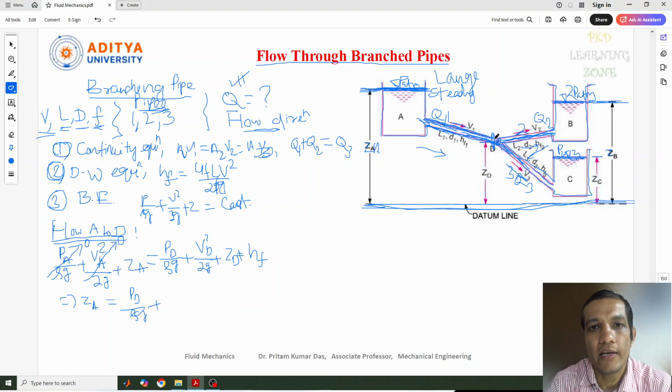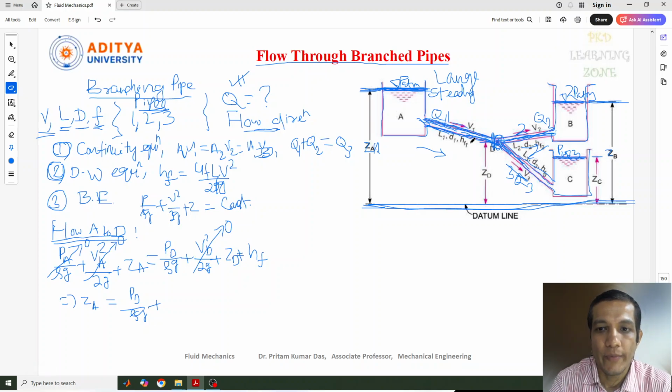Mostly at the junction of the pipe, the velocity needs to be considered negligible, or sometimes taken as 0, because the fluid is diverting in both of the sections. At this junction position the velocity will be slightly reduced, so it can be considered negligible. So this part can be neglected, or taken as 0.